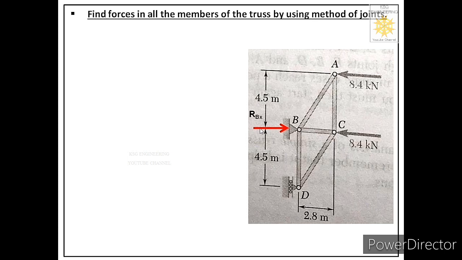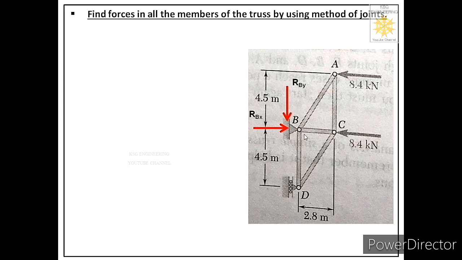So we have shown one normal reaction and we have labeled it as Rbx, that is reaction at B in x direction. Though it is normal to the surface of the pin support, it is acting in x direction for this problem, so that's why we have labeled it as Rbx.